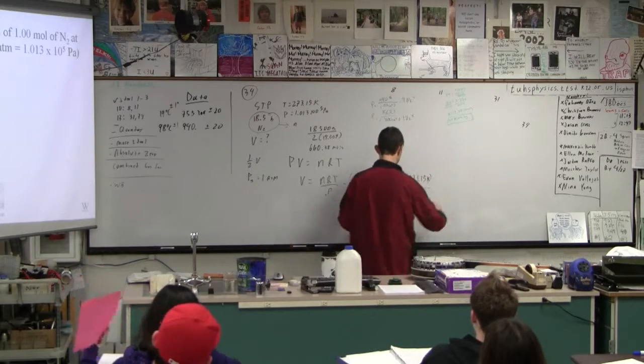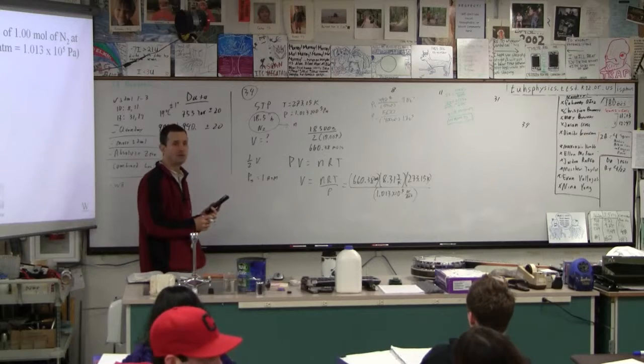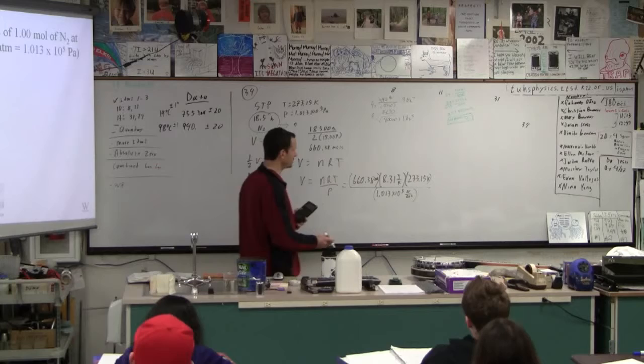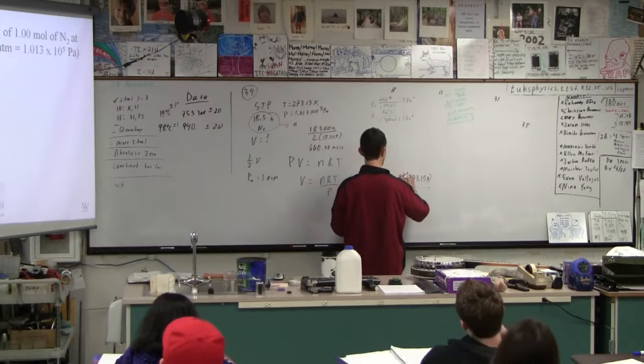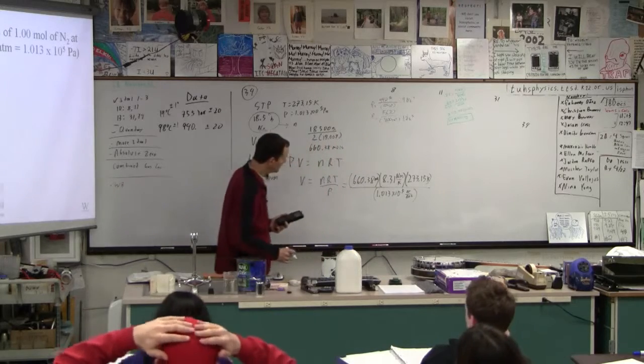This is kelvins. What should the volume be in? What are the units of volume? Should be meters cubed. So let's look at the units here. I know that a joule is a newton meter.